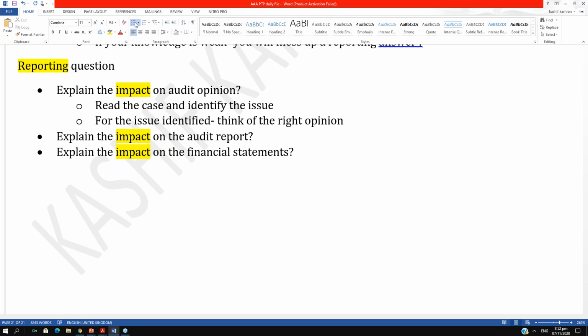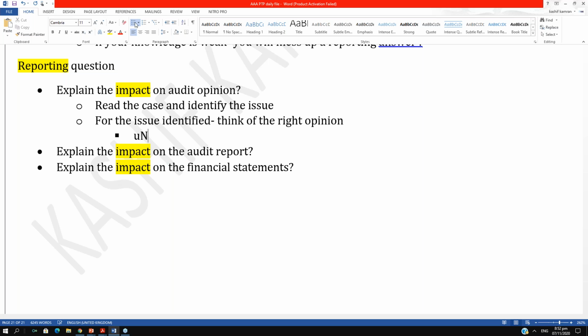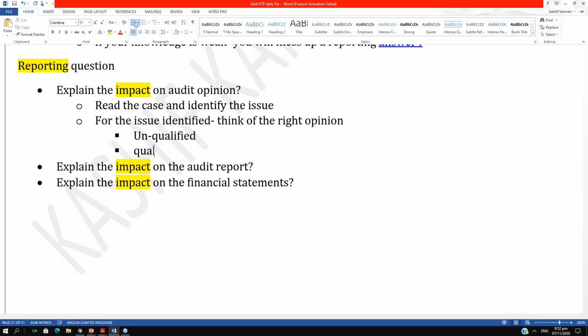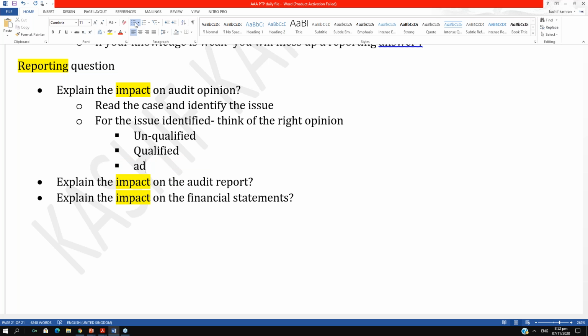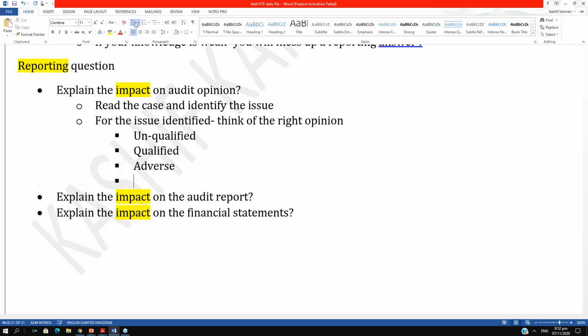Now, how many types of opinions are there? Either you will think about an unqualified opinion by looking at the situation in the case study, or a qualified opinion, or an adverse opinion, or a disclaimer of opinion.